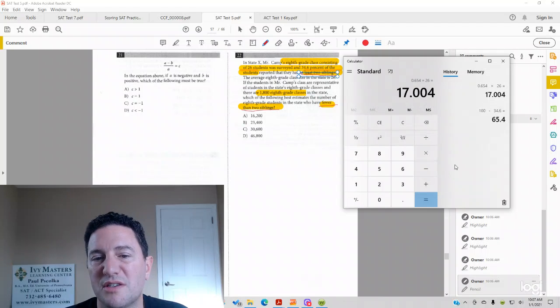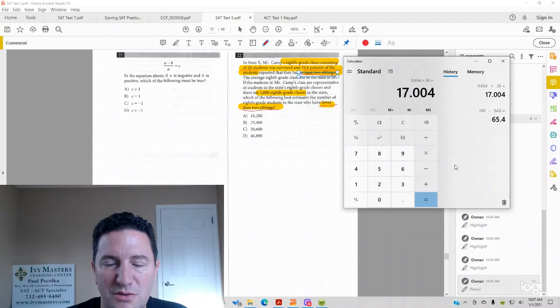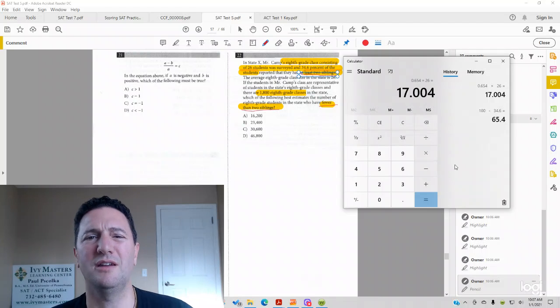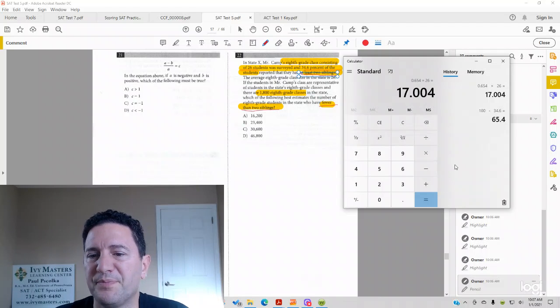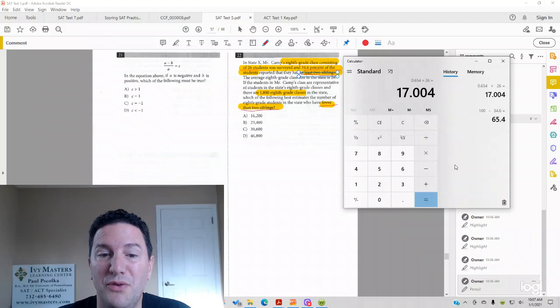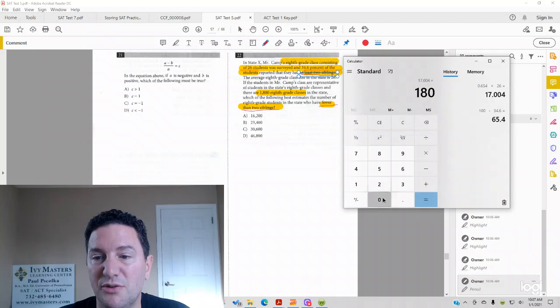So it looks like there's 17 in Mr. Camp's class. Ironically, one of my math teachers in high school, his name was Mr. Camp. So 17 students in Mr. Camp's class have fewer than 2 siblings, and all you do is you multiply that by the 1,800.